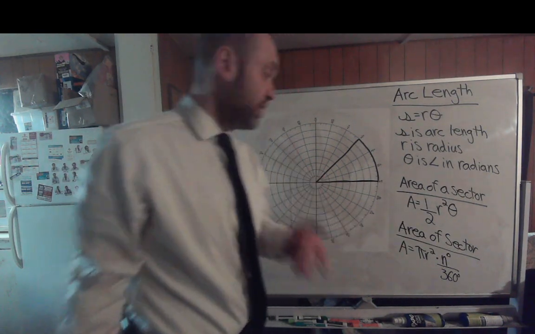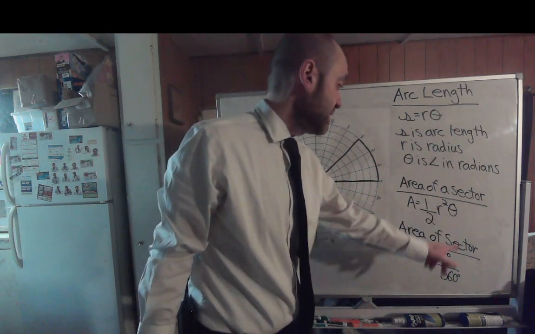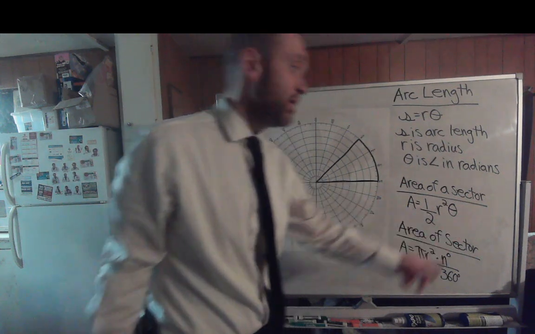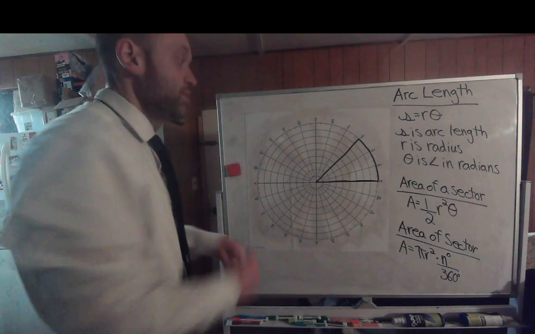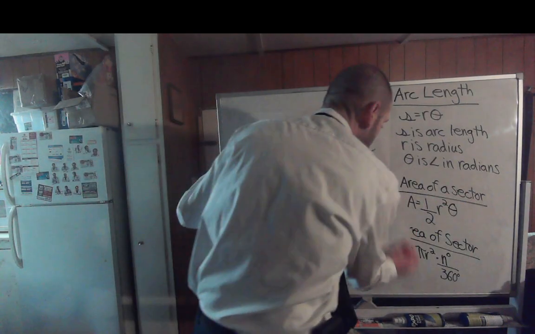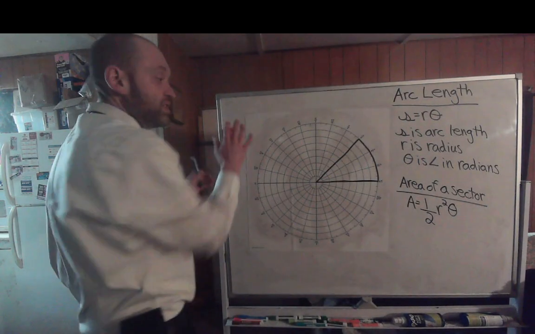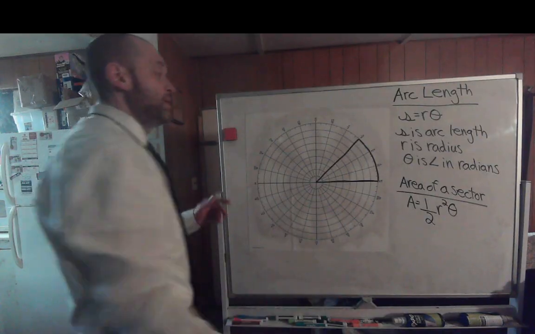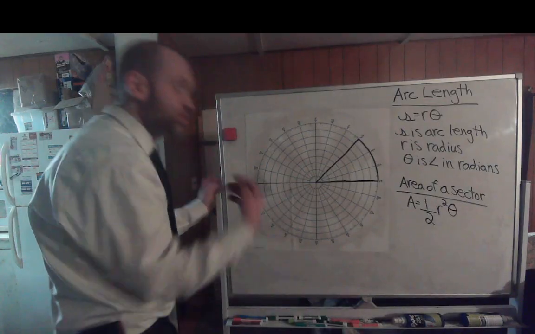Well, here in trigonometry, the area of a sector is 1/2 of your radius squared times theta, where again your angle theta must be in radians for this new formula to work. And of course, we could think of the area of the sector as being the area of part of the circle as opposed to the whole circle.